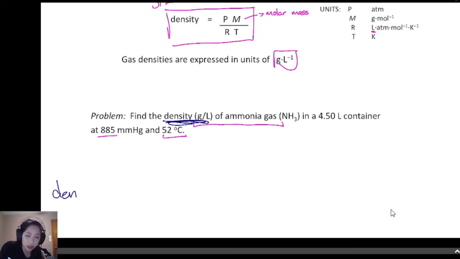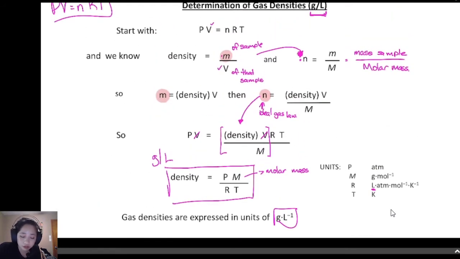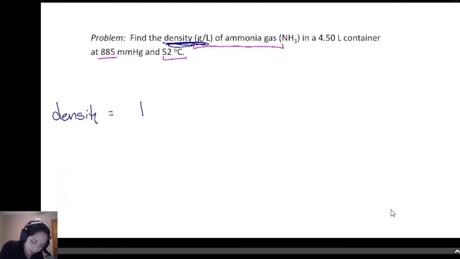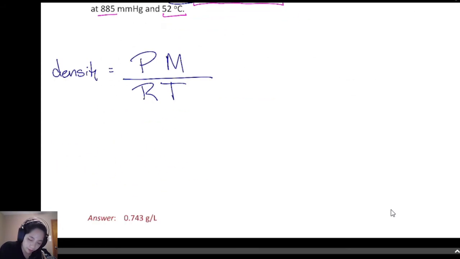But you can always formulate the density equation using the ideal gas law yourself by using the equation for density that you know, the equation for the moles that you know, and the ideal gas law equation. If you combine these three equations, you can get density out, and that's essentially what we just did. So density equals, what is it? P, pressure, molar mass, over RT. Is that right? Yep. Okay.